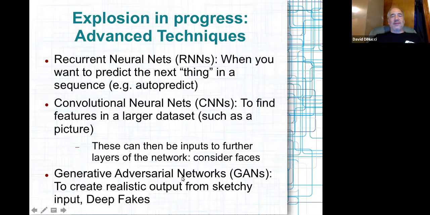And one of the latest things that's really gaining a lot of attention is generative adversarial networks, or GANs, and that's not what you'll hear about in the news stories. You'll hear about deep fakes. So what a deep fake is, is two neural networks that are competing with each other.